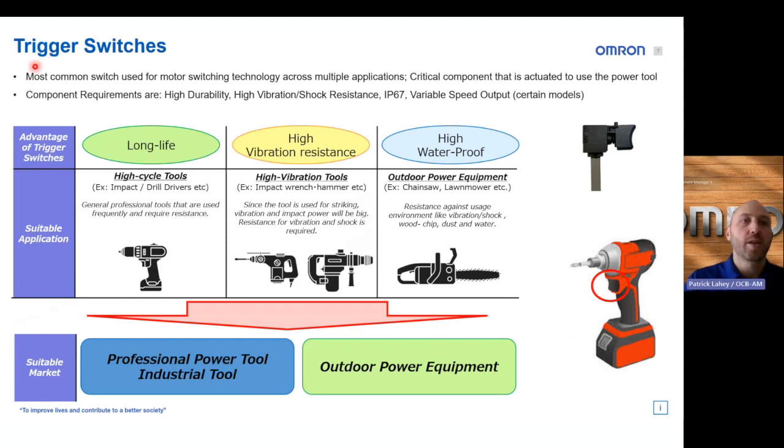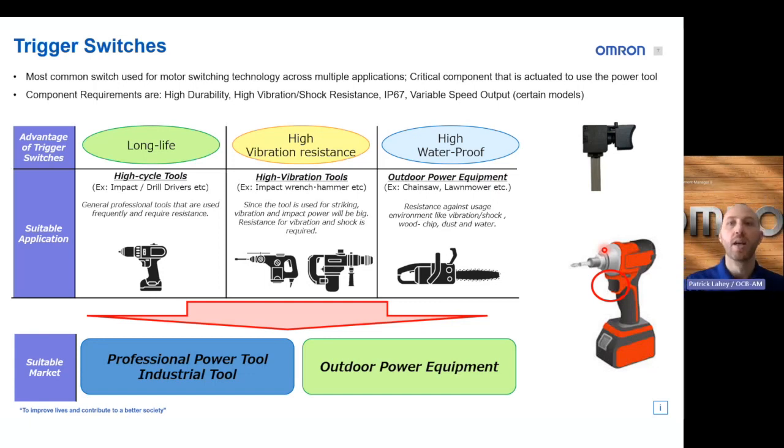So when you look at trigger switch, they are the most common switch used for motor switching technology across all applications. If you look down here on the right, a trigger switch is what the user will pull to actuate and start to actually use the tool. So as you pull that trigger, the motor will kick in and start to perform the functionality of that tool, whether it be drilling, cutting, or sanding.